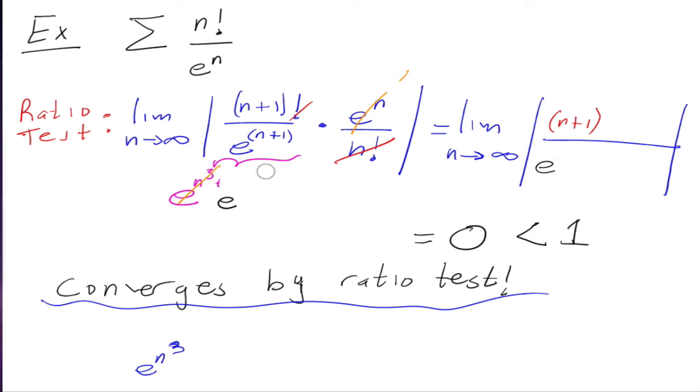It would diverge, right? Which makes sense, because in this case the factorial would dominate. But if this is not just an exponential, but an exponential raised to another power, then it came fighting back, wants its title back as the dominant.